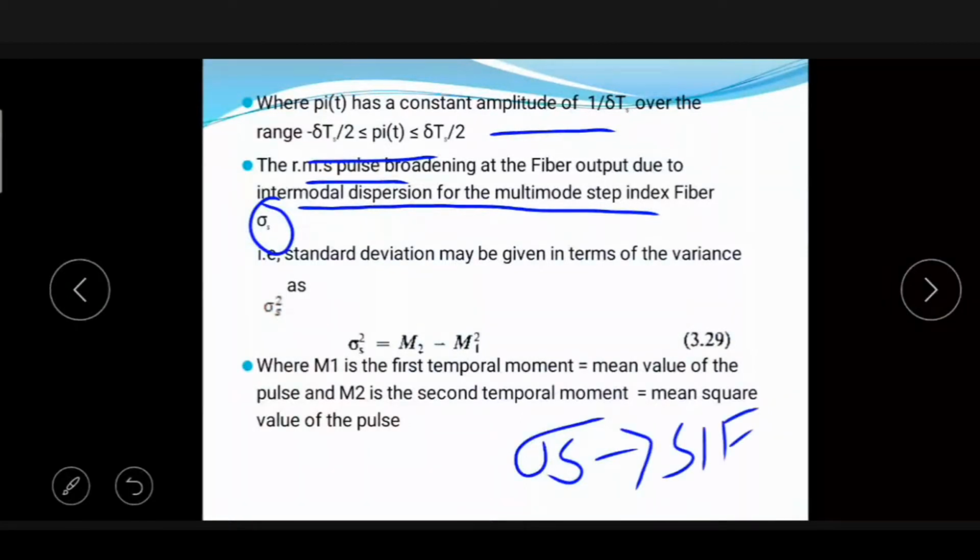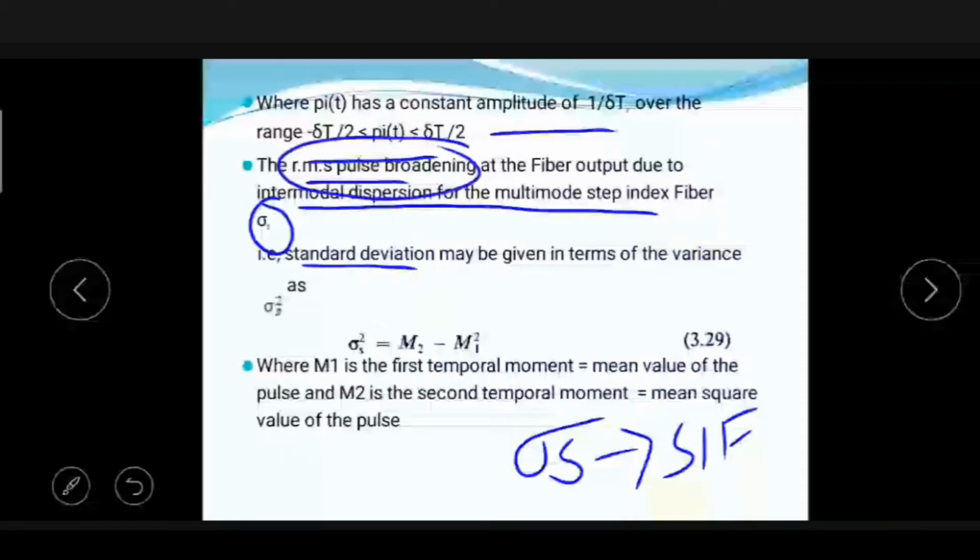This can be obtained by considering the standard deviation, and it is given by the variance.